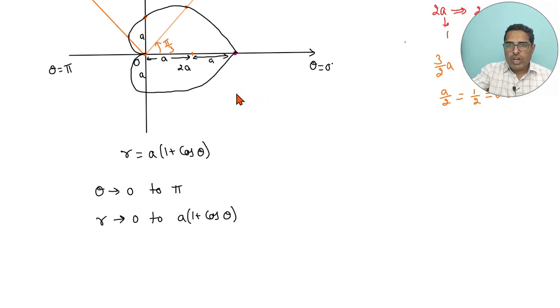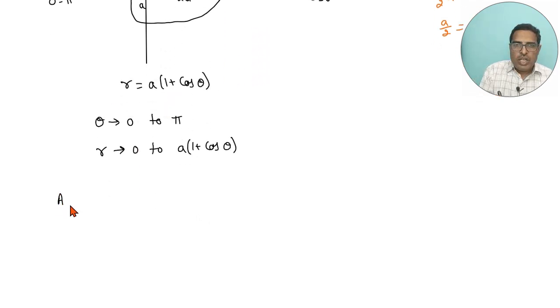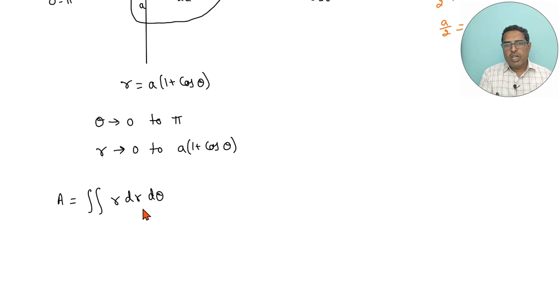Now let us try to find out the area. So the area enclosed by the cardioid can be expressed as the double integral. The area in the polar coordinate is always represented in the form of double integral of r dr d theta. So this is the formula for the area enclosed by a curve in the polar coordinates.